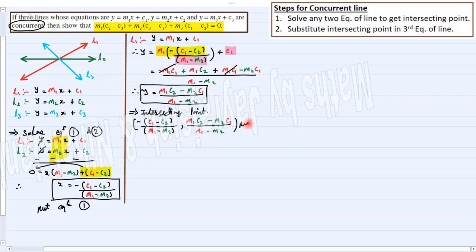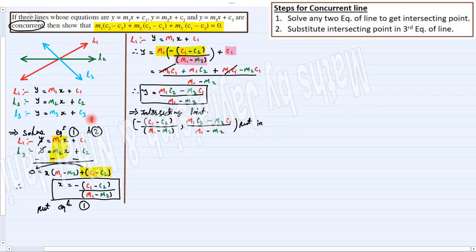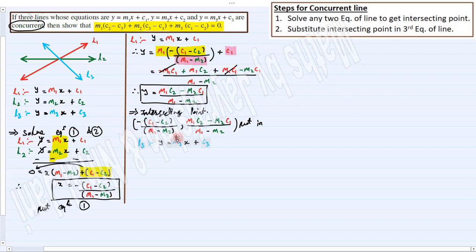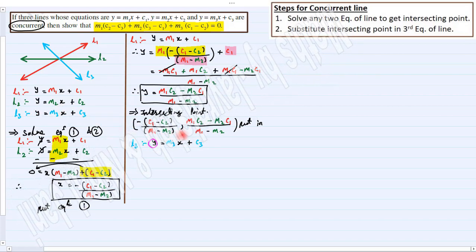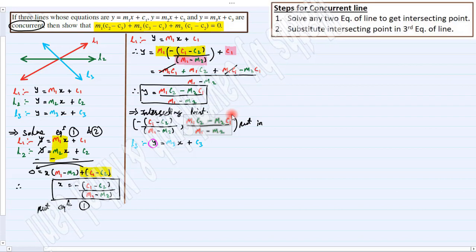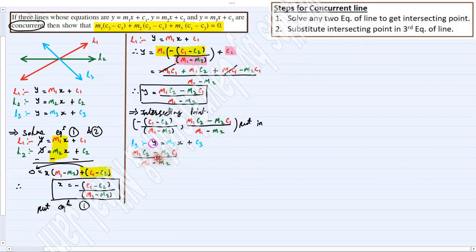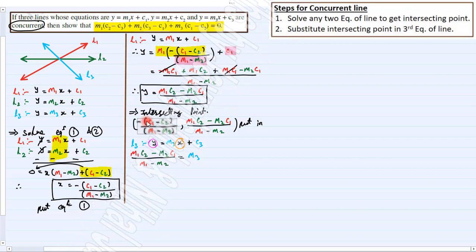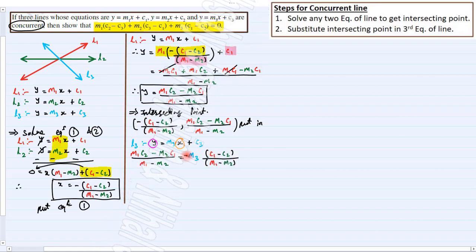We have to substitute in the remaining third line equation. So instead of y, we have to substitute the y coordinate. Then instead of x, we'll place the x coordinate.